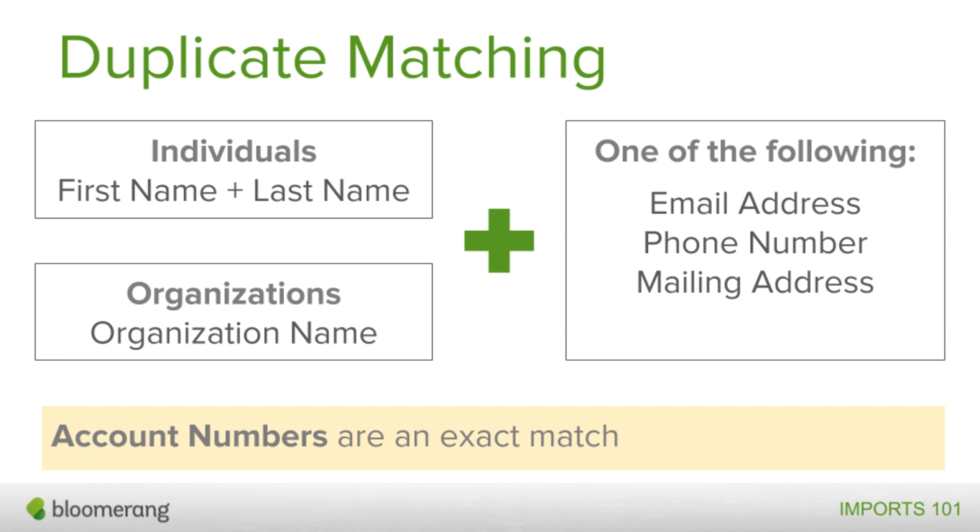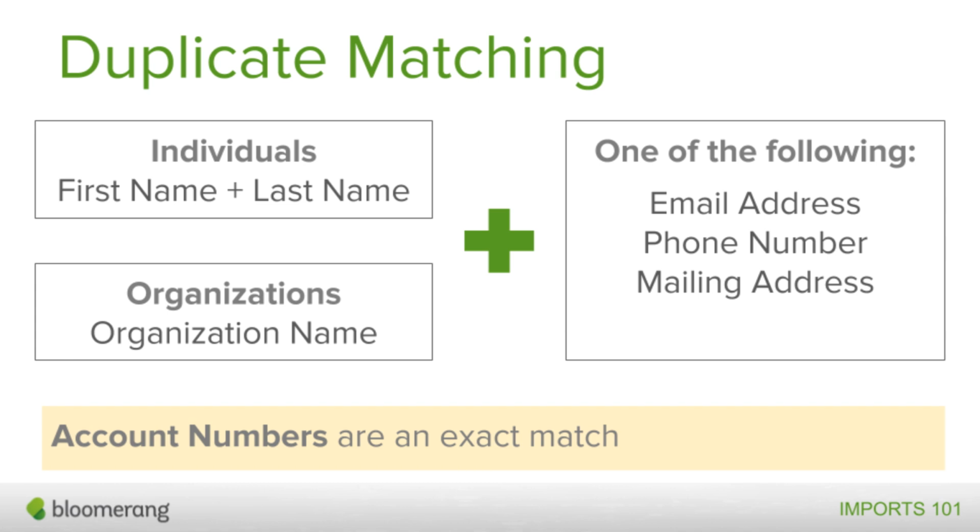So let's say you have your import file. If there's a first name, last name, plus only one of these things in the file that matches what's already in the database, the system is going to recognize that constituent, and instead of creating a new constituent account, they will append whatever you're adding to the existing account.